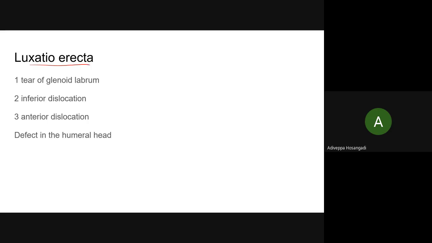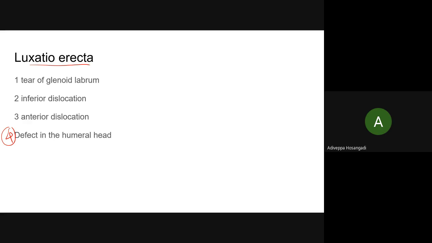Luxatio erecta is what? This is the fourth choice. It is easy. When you read the heading, it is self-explanatory.